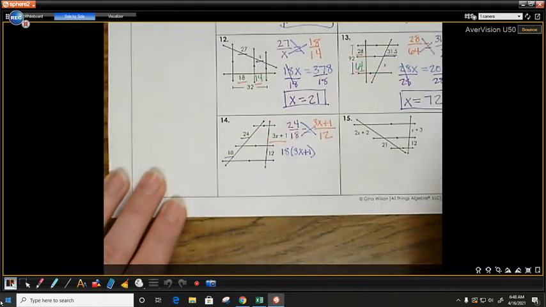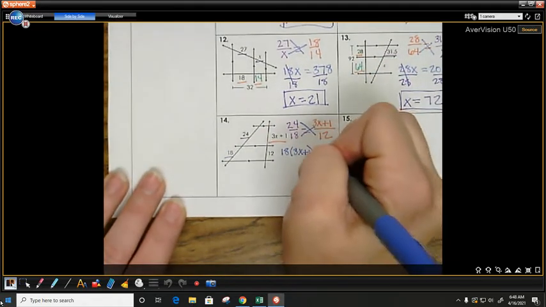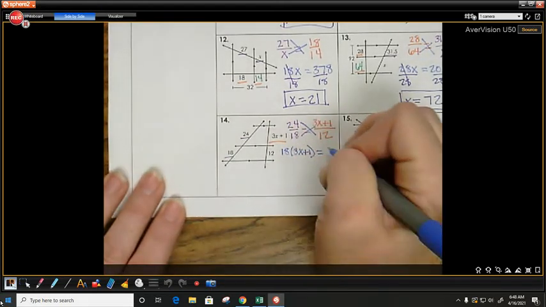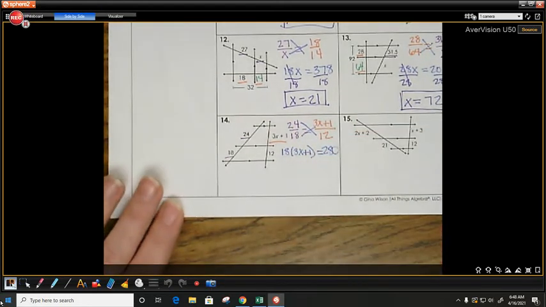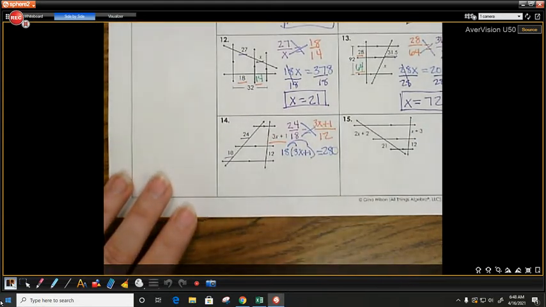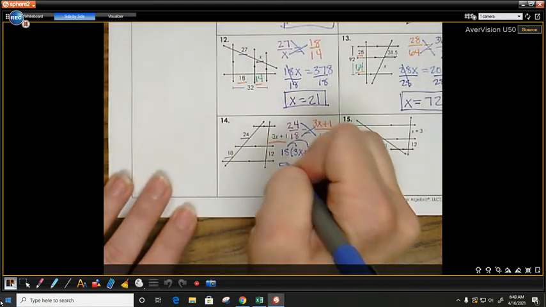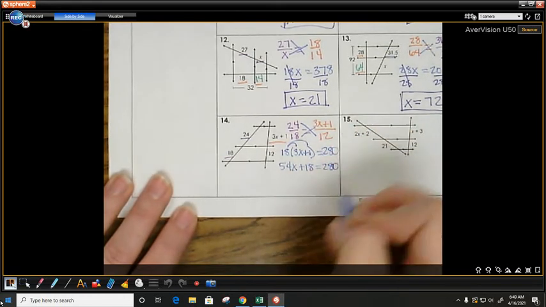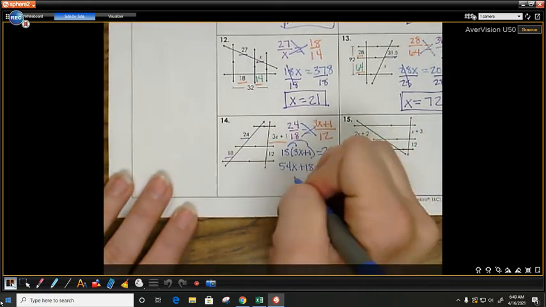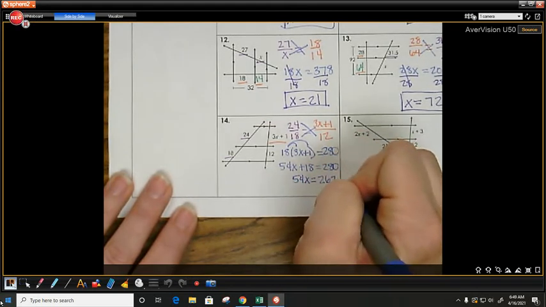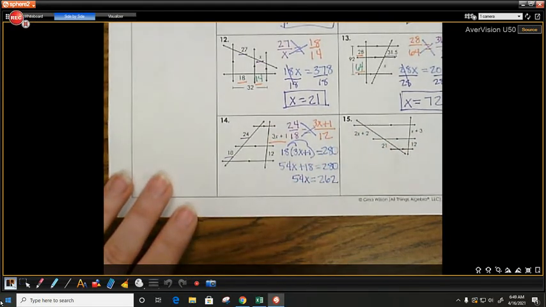And when I do 24 times 12, I get, what's 24 times 12? And I get 280. So then I'm going to distribute my 18. And 18 times 3 is 54x plus 18 equals 280. I'm going to move my 18 over, and I get 54x equals 262. And then 262 divided by 54.